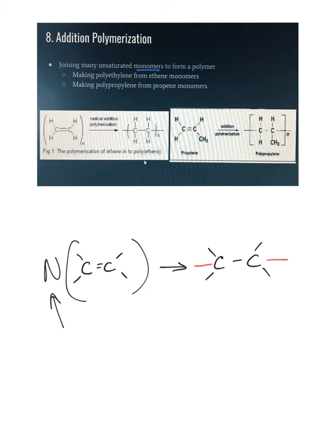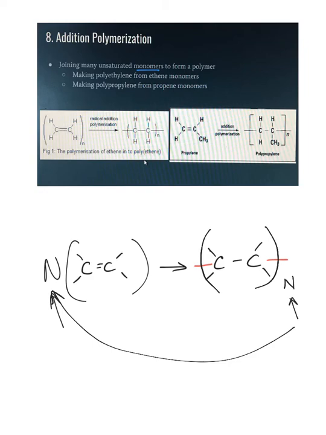That new bond allows another ethene molecule to join. So they'll put this in parentheses, and put an n on the bottom here. That n and this n are the same. It's saying that you have n number of ethenes, and then the bond breaks and it becomes a subscript saying that they're all connected to each other now, and you have a polymer.